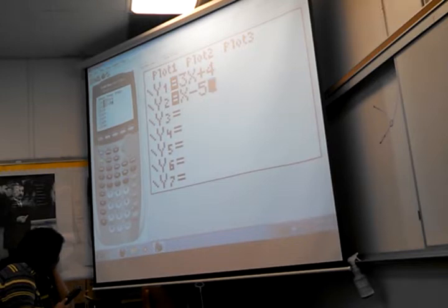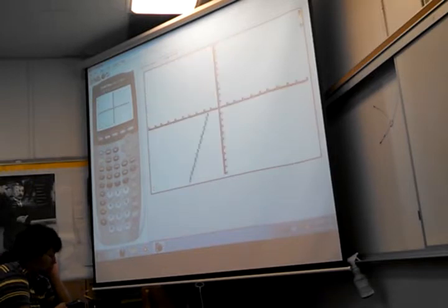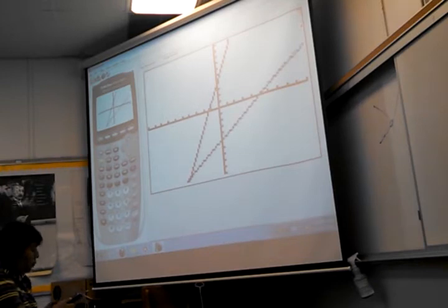So what do you see if you do zoom 6? Can you see where they meet? Almost. It's a little off the screen there, just a little bit, right?